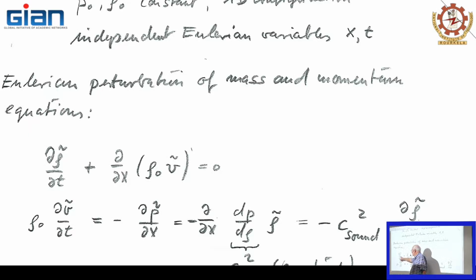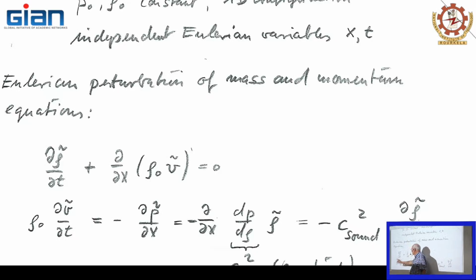We do the same procedure of linearizing these equations. So rho is given by the constant rho naught, the time independent density, plus the perturbation of the density. Now it's the Eulerian perturbation denoted by this tilde.